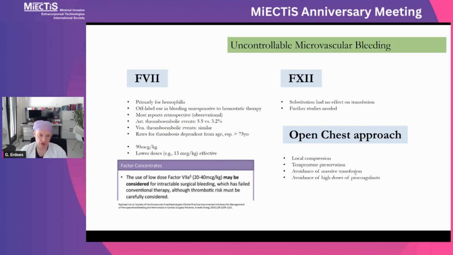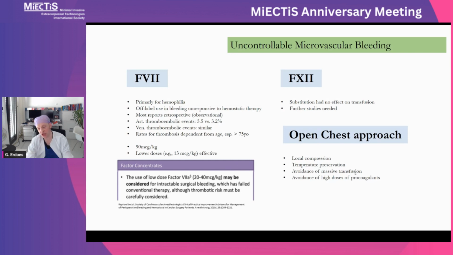It is only for hemophilia. It can be used also in cardiac surgery with high bleeding rates. Nowadays, we use much lower doses than recommended by the company. So in most of the cases, 10 or 13 micrograms per kilogram would be effective. Factor 13 should it be.